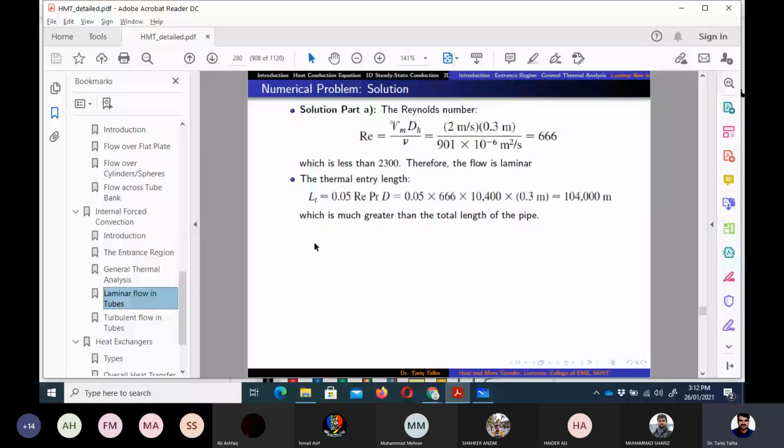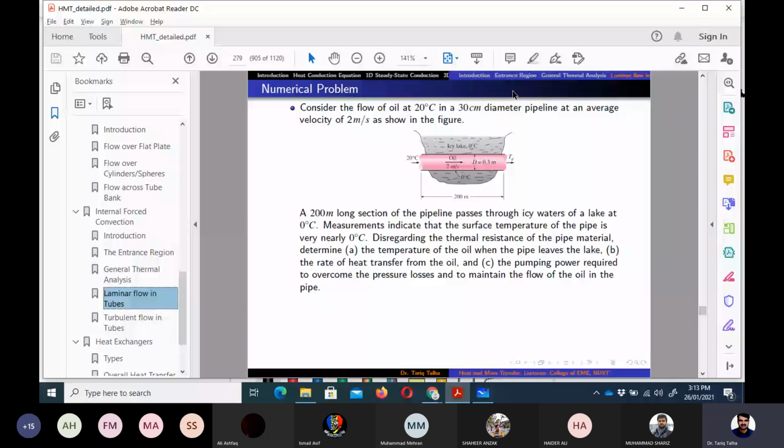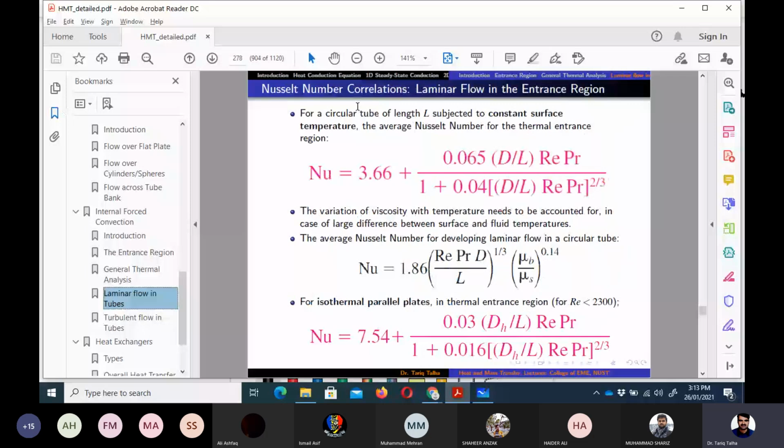So now we need to choose the appropriate correlation. We know that we are given the constant temperature boundary condition. If we look back at these relations, these are the relations for the entrance region.